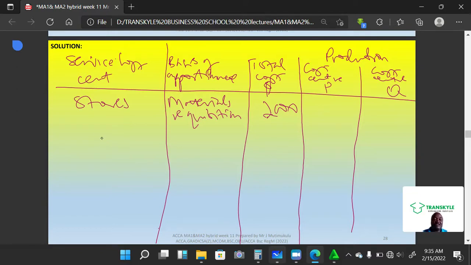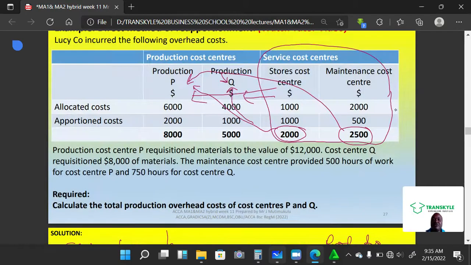Let us slot in the other information we need. What we need again for maintenance, it should also be shared. Okay, for maintenance, what do we have to say?